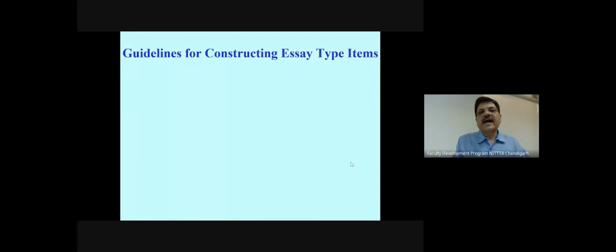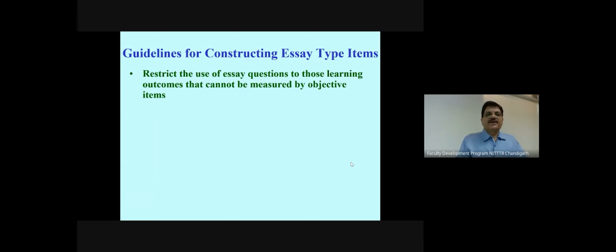Now coming to the guidelines for constructing essay type items. Firstly, restrict the use of questions to those learning outcomes that cannot be measured by objective items. This guideline says it is better to give the most objective type items, like short answer questions, restricted response questions, or multiple choice questions.